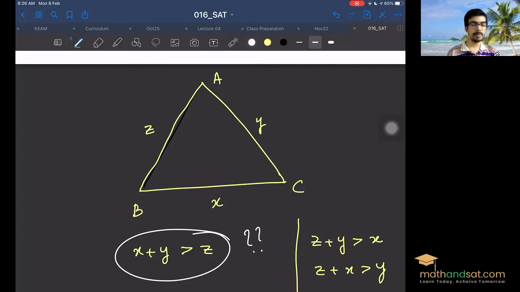Do you have to blindly memorize this? Is there any logic behind this?